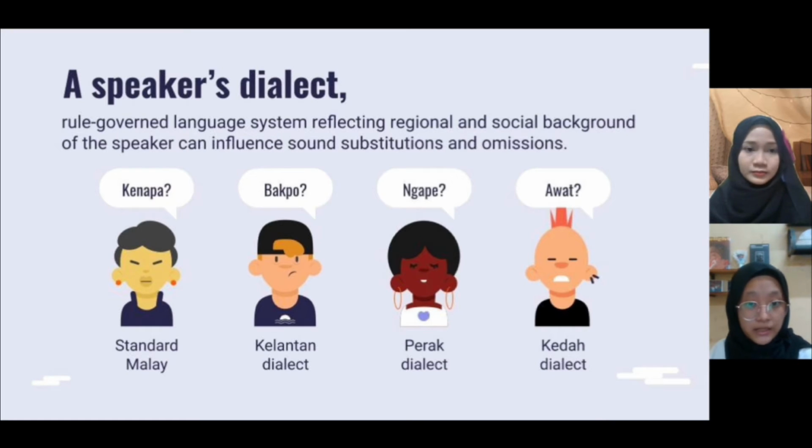Accents or dialects are not considered as disorders, but rather reflect differences between regions or countries. A speaker's dialect will govern the language system, reflecting the regional and social background of the speaker, and can influence sound substitutions and omissions. It should be noted that dialect variations of a language include all linguistic parameters, which are phonology, morphology, syntax, semantics, and pragmatics. Therefore, it is not considered as a speech error.